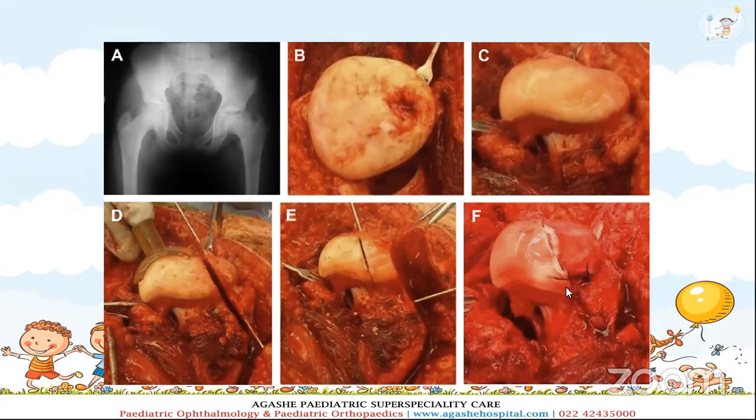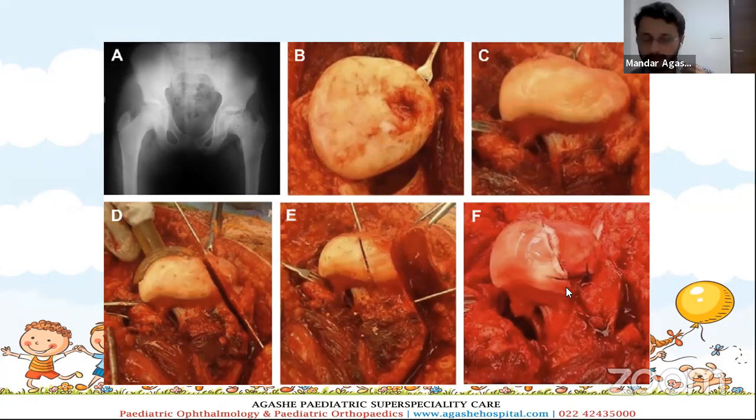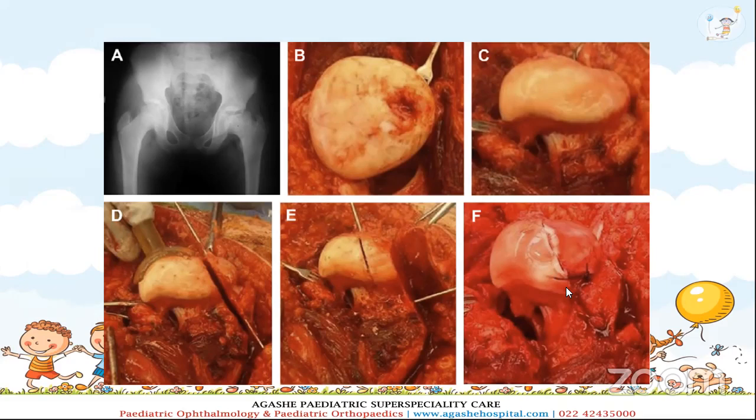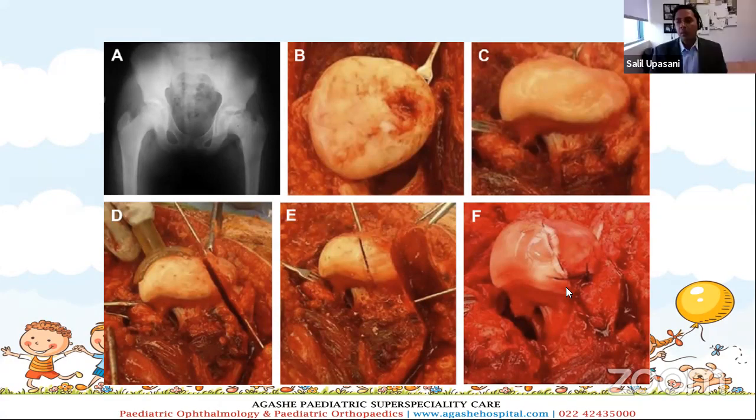Okay. So do we have time for one small case of Venkat? No, one question which has come up was for Salil: can you explain a bit about valgus osteotomy with osteochondroplasty? Yeah, so the concept of valgus is just a salvage procedure to increase your abduction of the hip.